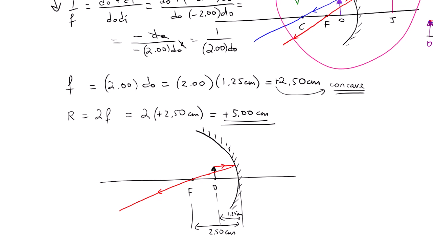Let's also put the center right here so we can make a better analysis. The central ray goes from the center, hits the mirror and comes back to the center. They never meet, but if you continue these two rays until they meet, they will meet on the other side. And guess what? Our image is about 2 times our object.